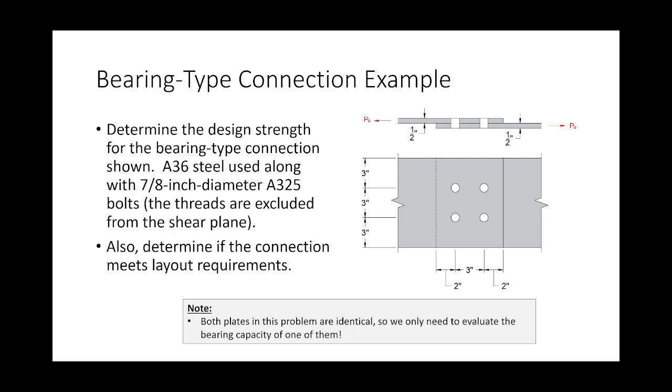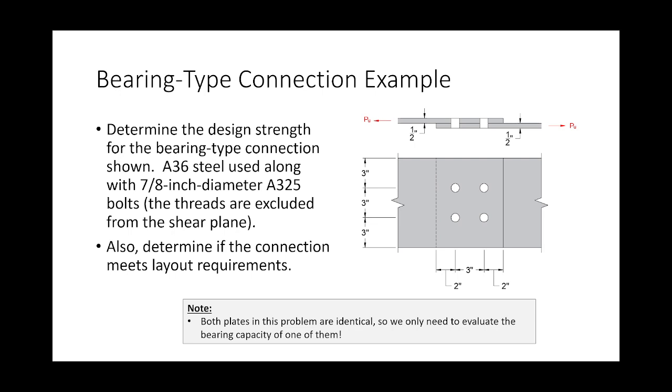Now, one of the things that is maybe unclear now, and I am structuring both this problem and your homework assignment so that you don't need to worry about this, but one of the things about bearing and connections in general is that there's always two cases because you're connecting one member to another, right? So when you do bolt bearing calculations, you might need to look at either the plate on the left or the plate on the right.